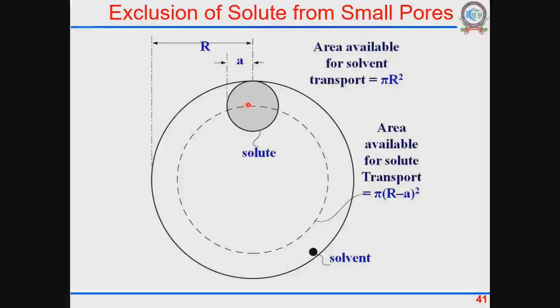That ratio is called the steric ratio because part of this area is not available for the solute to go through. So if you multiply the flow rates by the concentration, you will get the rate of transport of the solute going through this area, divided by the total maximum possible rate, if the solute was very small in size and could be transported through this whole area.